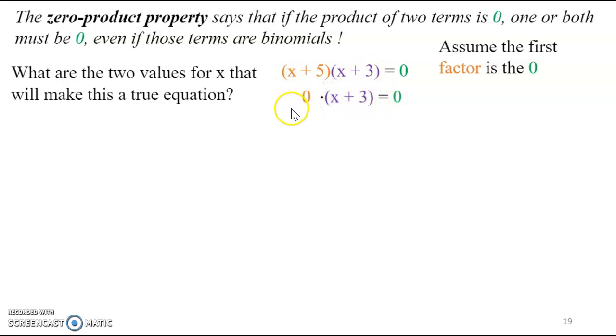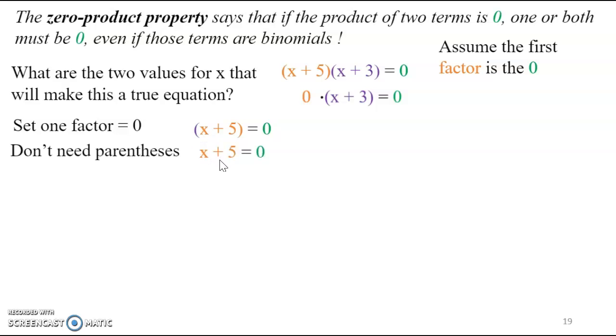Let's deal with the first factor being equal to 0. Then we can say x plus 5 is equal to 0, and then subtract 5 from both sides. We don't need the parentheses, so we're going to get rid of them at this point because we're not multiplying anything. So x plus 5 is equal to 0, subtract 5 from both sides, and you get x to be negative 5.